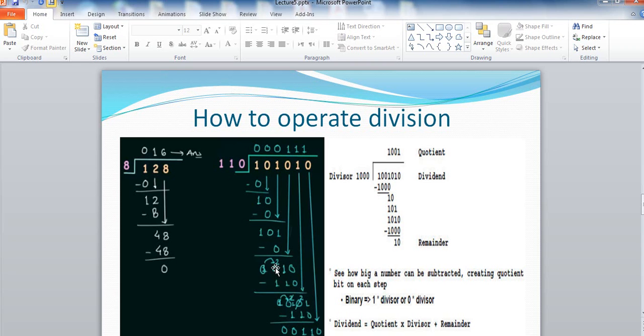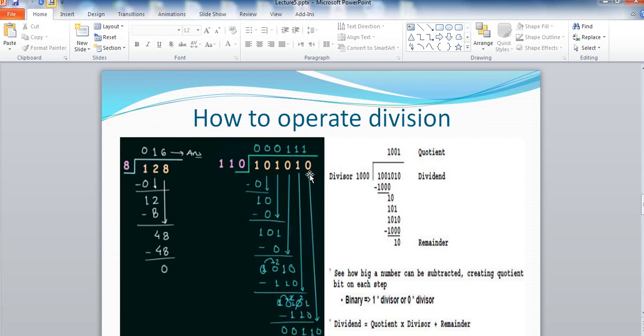This is 2, and 2 minus 1 is 1. So it's 100. It should be bigger than or equal to 110. Is it? No, 100 is 4 and 110 is 6. So it is smaller.